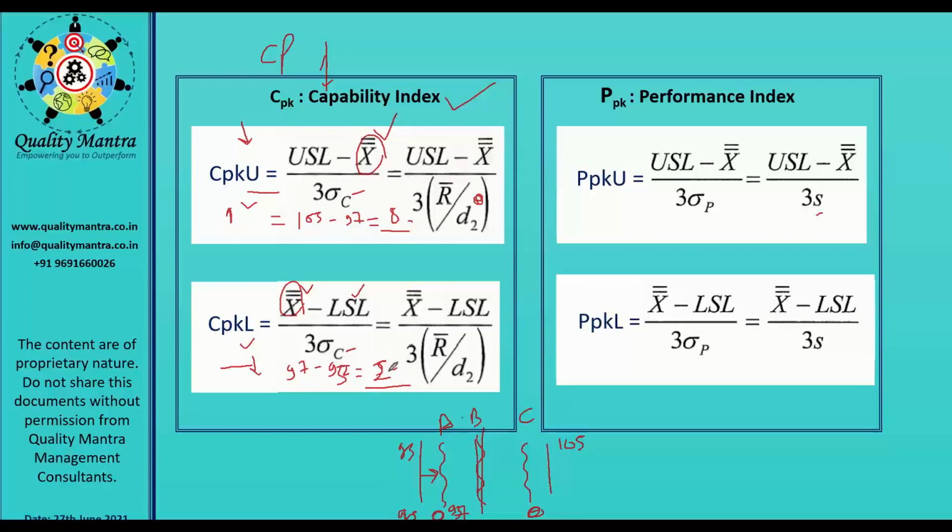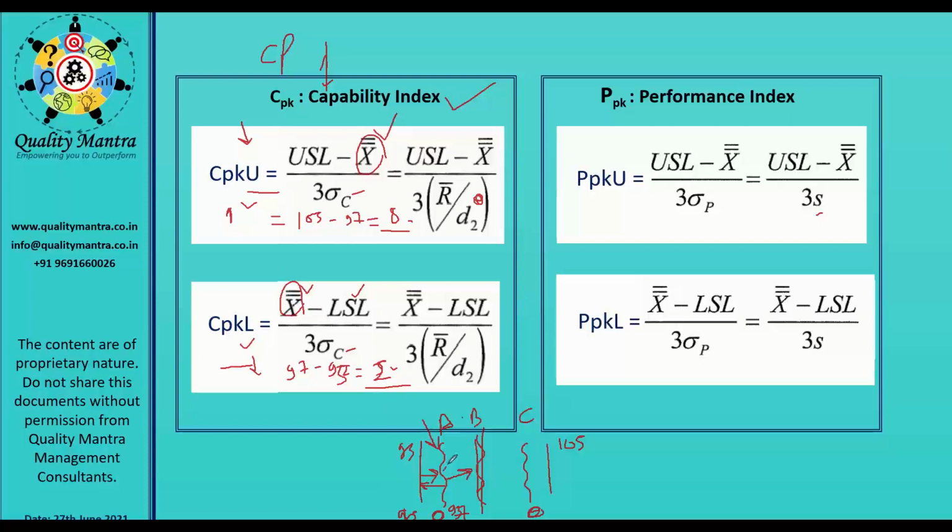Now, when you have the very low, it means you will come to know your process is running when your CPKL is low. Okay, on the capability index, you will see, oh, it is low, CPKL. So you will know your process is running towards the lower control limit. You need to change the process towards center.